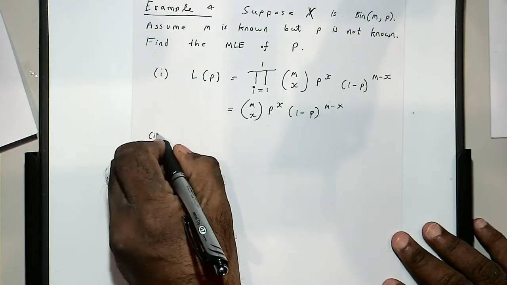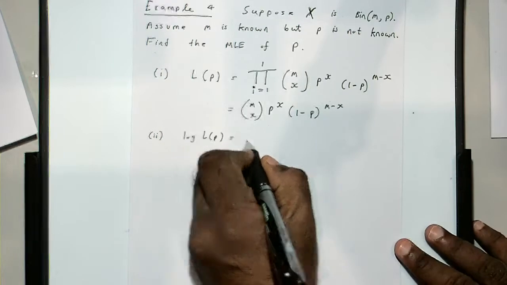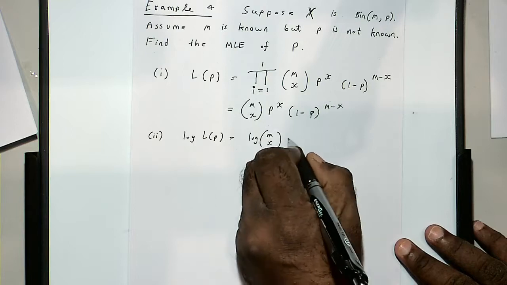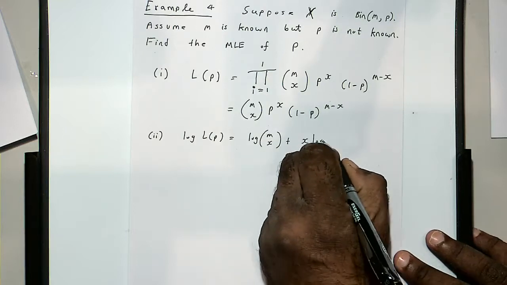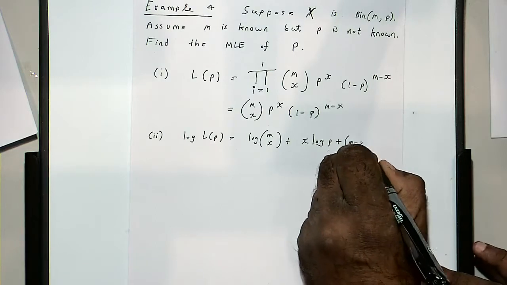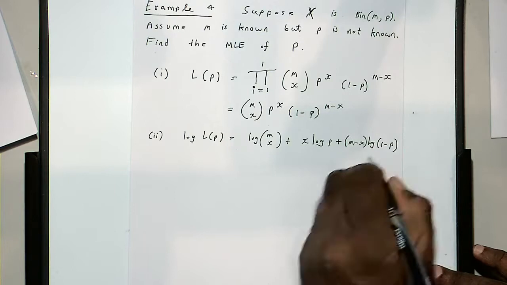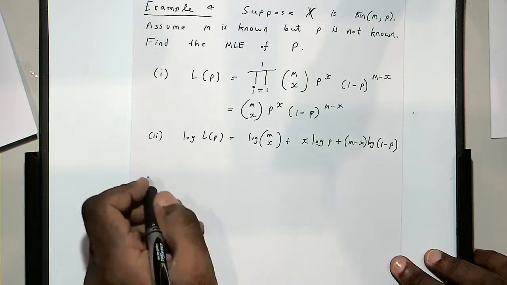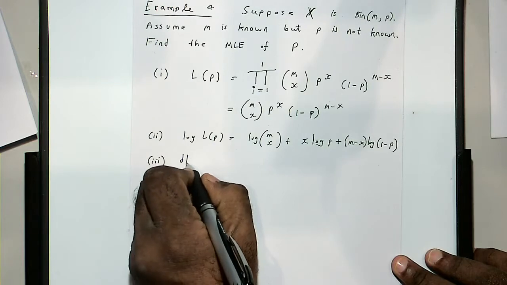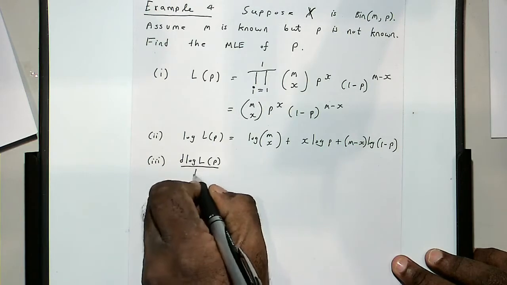The second step is to take the log of the likelihood, which is the log of this. And the third step is to differentiate with respect to p.